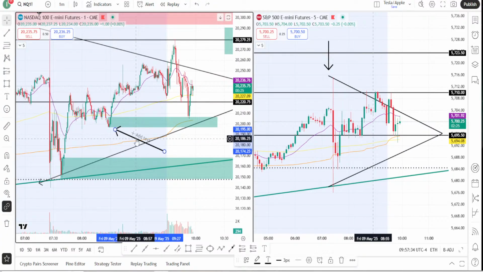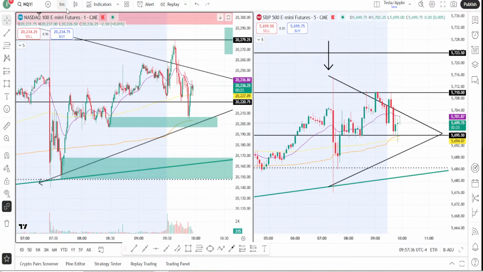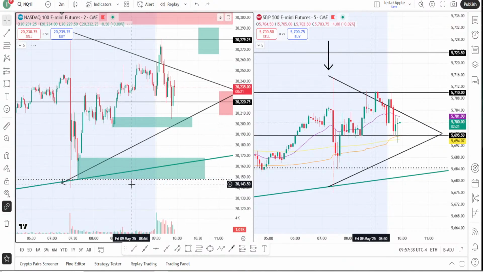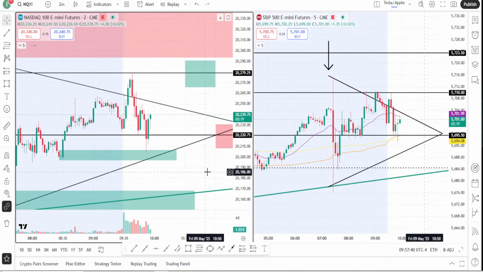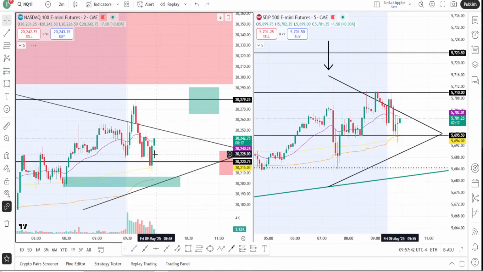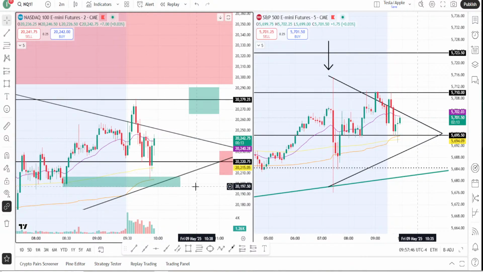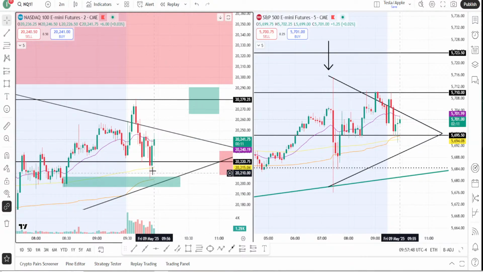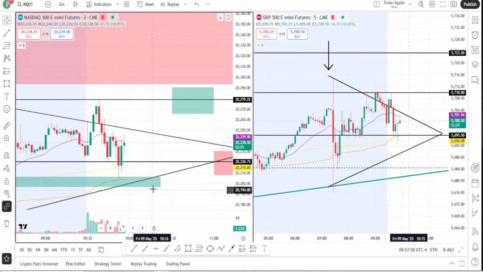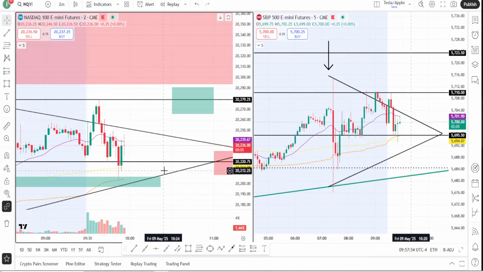Go back up to see the 2 minute. Oh, we got an engulfing green candle here. This could be the start of the move. Could be.